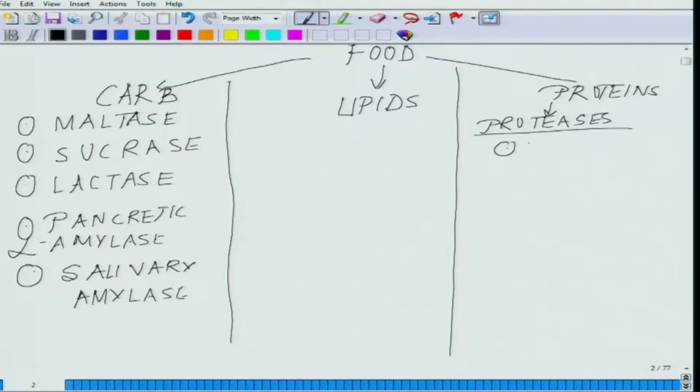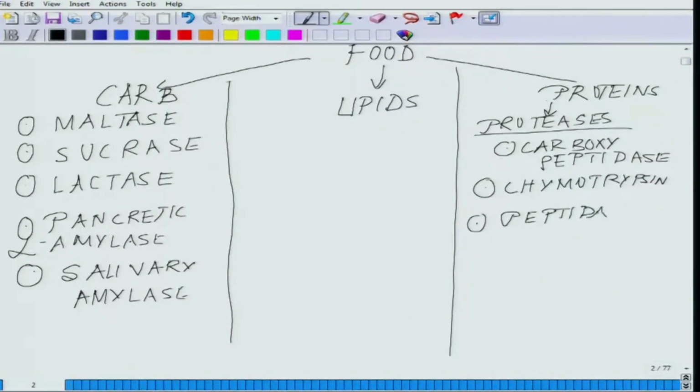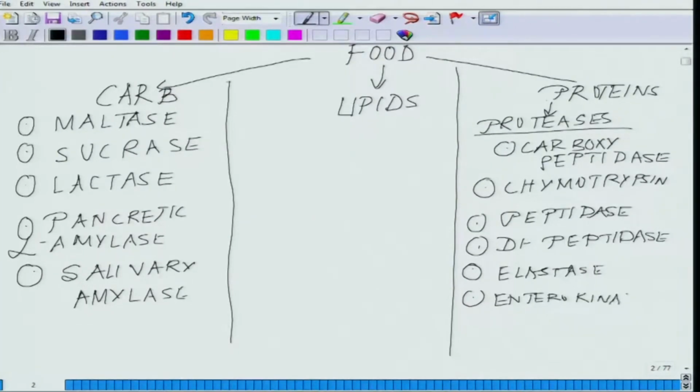Proteases include carboxypeptidase, you have chymotrypsin, you have dipeptidase, peptidase, breaking down the peptide bond, dipeptidase, you have enterokinase, elastase, then you have pepsin, then you have renin, then you have trypsin.